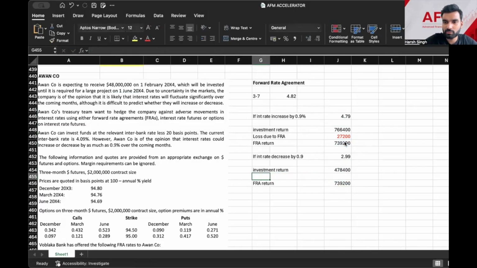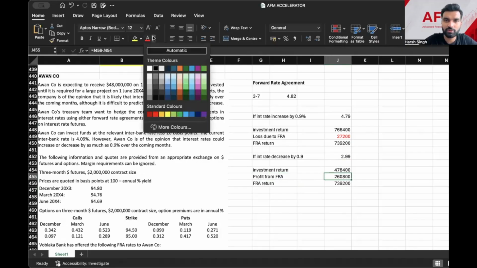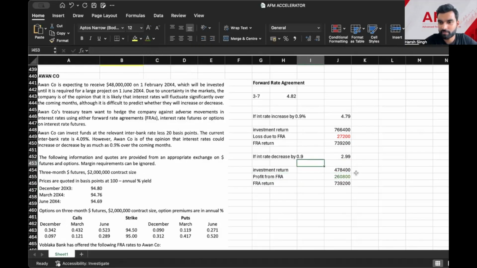So now what is happening over here? My investment return is this much. As per FRA, I'll get this one. So the profit from FRA is this amount minus this amount. This is the profit that I'm getting because of FRA. So this is how FRA is being used.